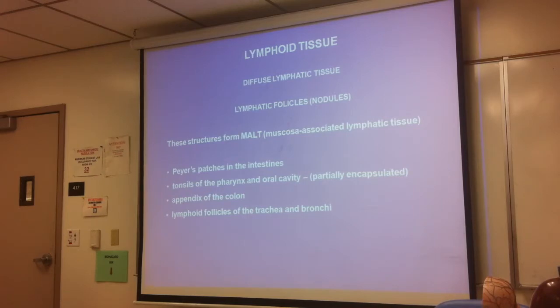If you look on the diagrams on page 46, there are two diagrams shown there on the left-hand side. They both have the word capsule and diffuse lymphatic tissue. That's there just to show the scattered lymphocytes and the lymphatic follicle, but we don't have any capsule with these tissues.